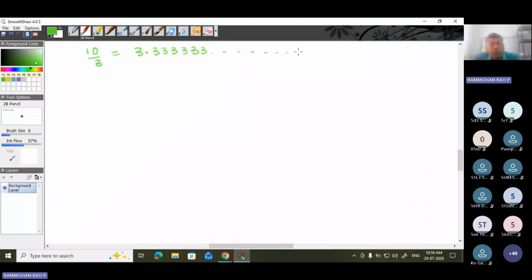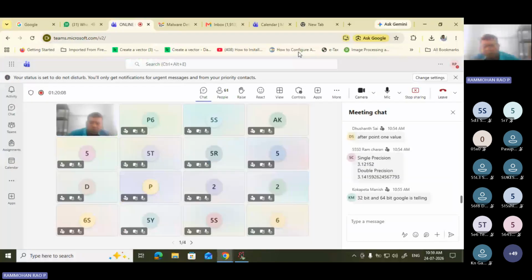Now suppose I am trying to convert this into binary form, where do I stop? How long should I do this process? If my value is 10 by 3, what is the answer?